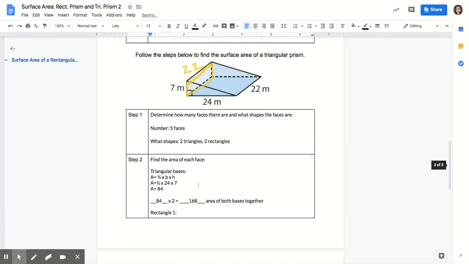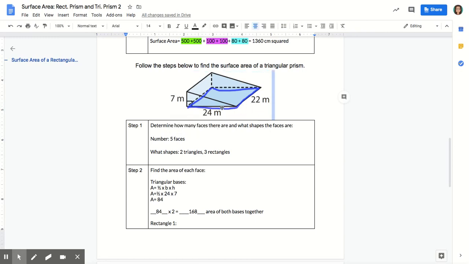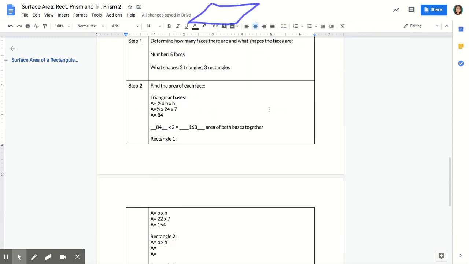Okay, let's take a look at another rectangle that we have in here. And that's the bottom rectangle. Let's do that one. Blue. That's represented here. And we can see that that has a base of 24 right here, and a height of 22.